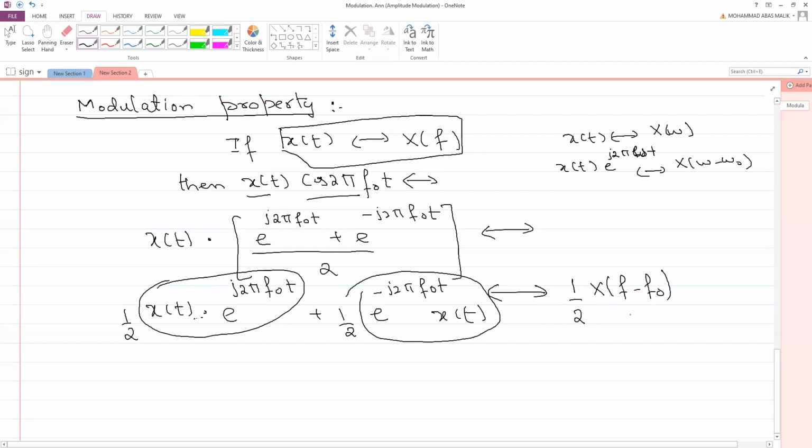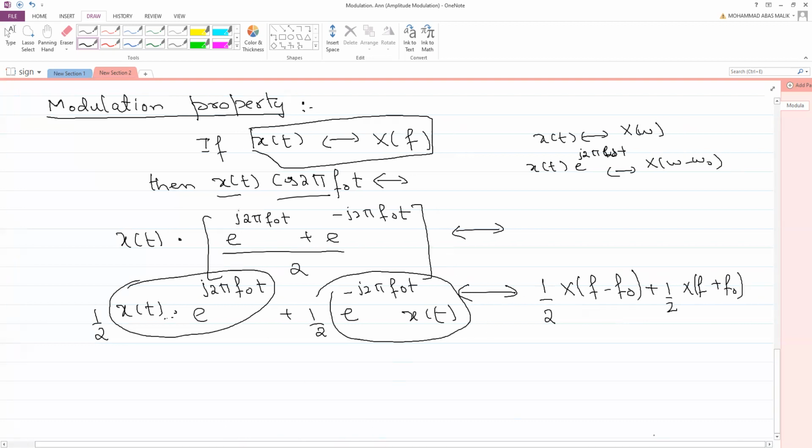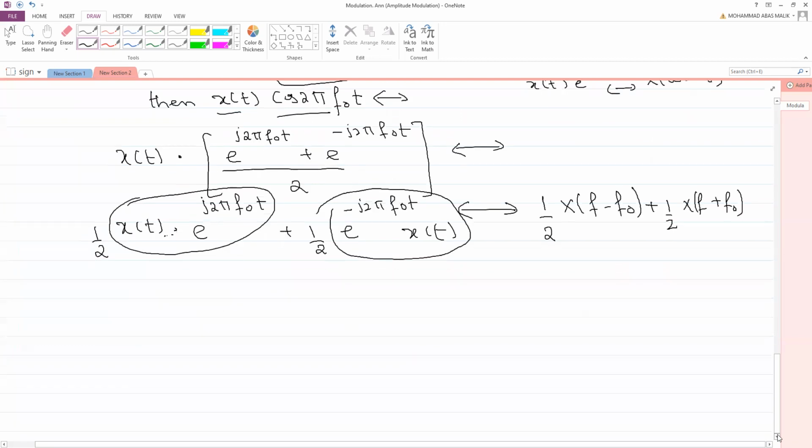Please tell me. Are you with me? Yes sir. Okay. So similarly, it will be 1/2 X(f plus f₀), using the frequency shifting property.